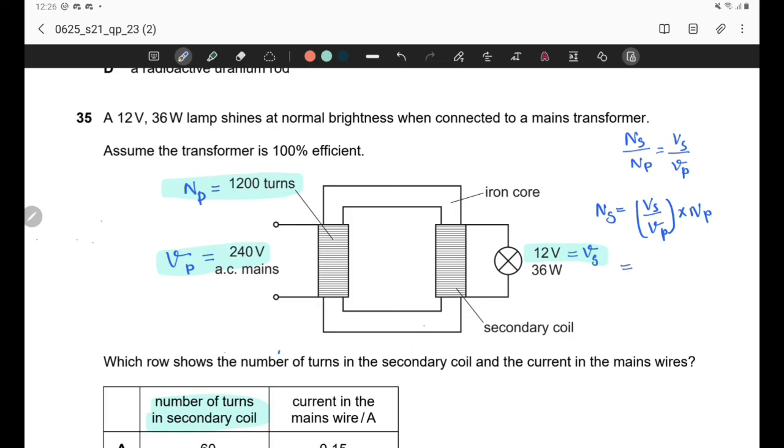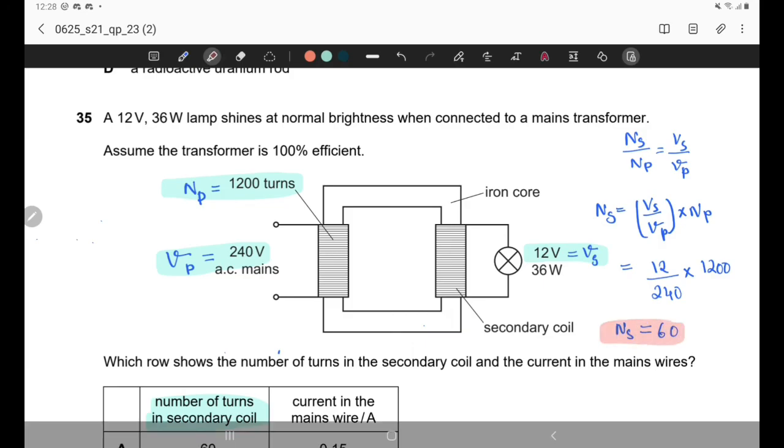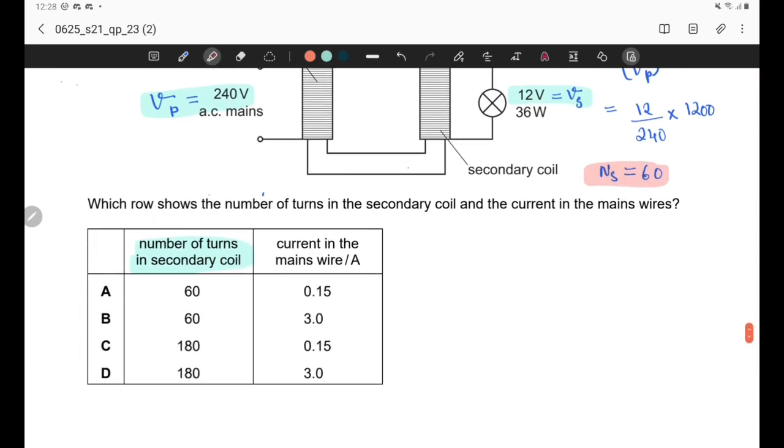Now we have the values of Vs, Vp and Np. We can substitute. Vs, the voltage at secondary, is 12 volt, over Vp, the voltage at primary, 240, times the number of turns in primary, 1200, and the answer is 60. That means the number of turns at secondary is 60. This is the first thing we needed to calculate from the question. So the number of turns is not 180 but it is 60.